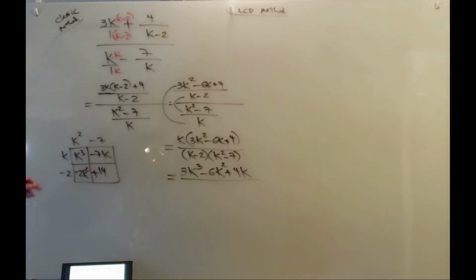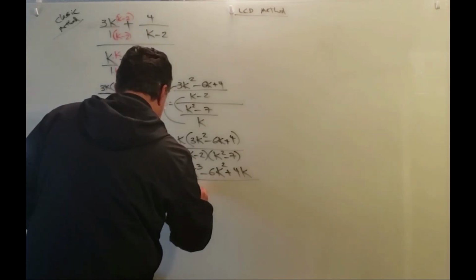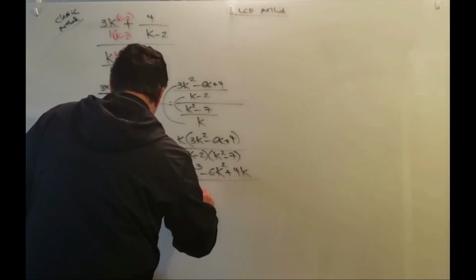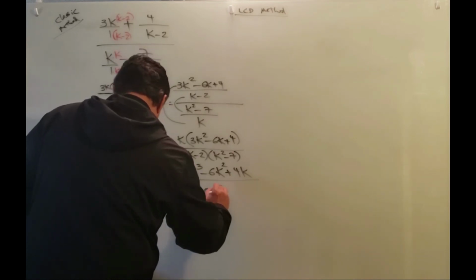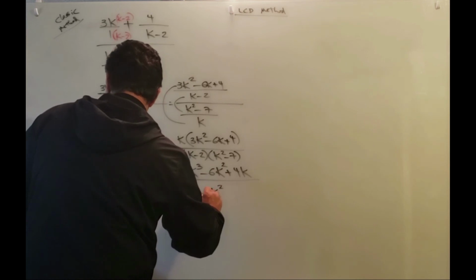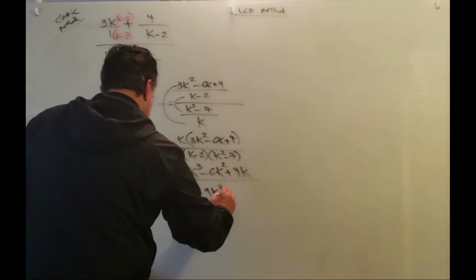So if you notice, there are no like terms with the terms that we get for the product, so we're just gonna write them all in descending order. So we end up with k cubed minus 9k squared and plus 14.